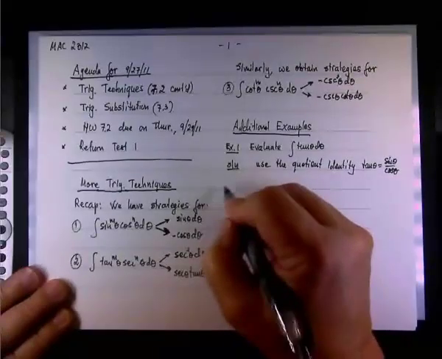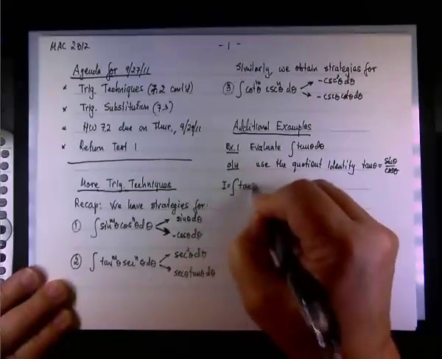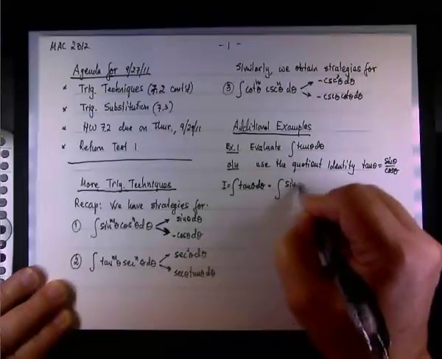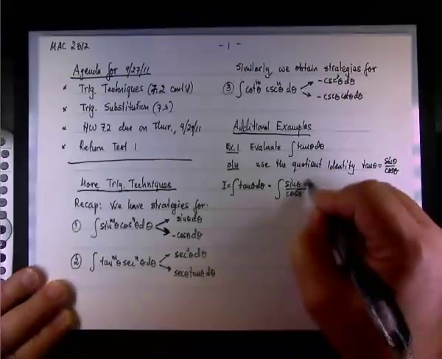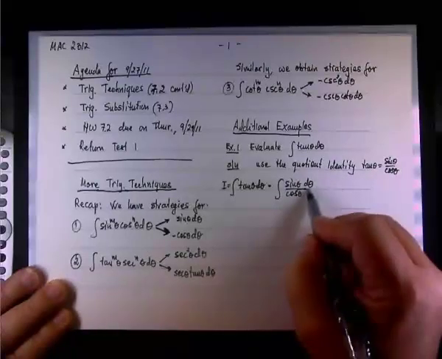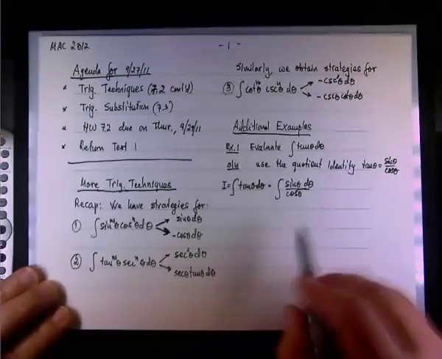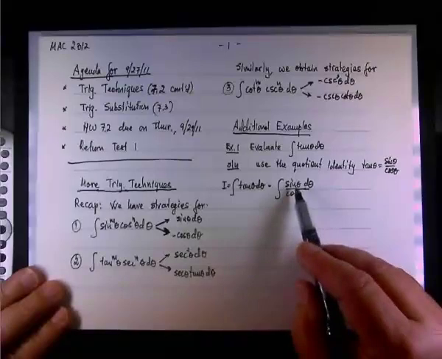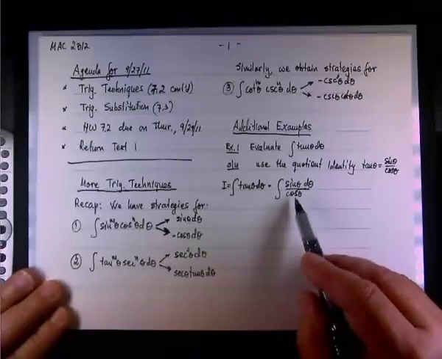So, if I is an integral, then the integral of the tangent is now the integral of the sine over the cosine. And I'm going to add the variable of integration, d theta, to the numerator, because I have a very neat substitution here. If you look at the denominator, it is cosine theta.